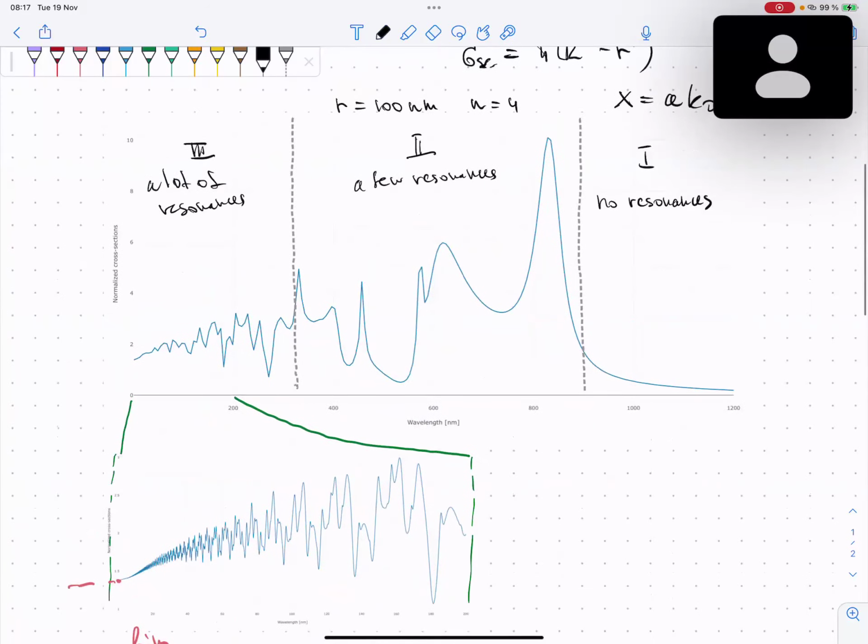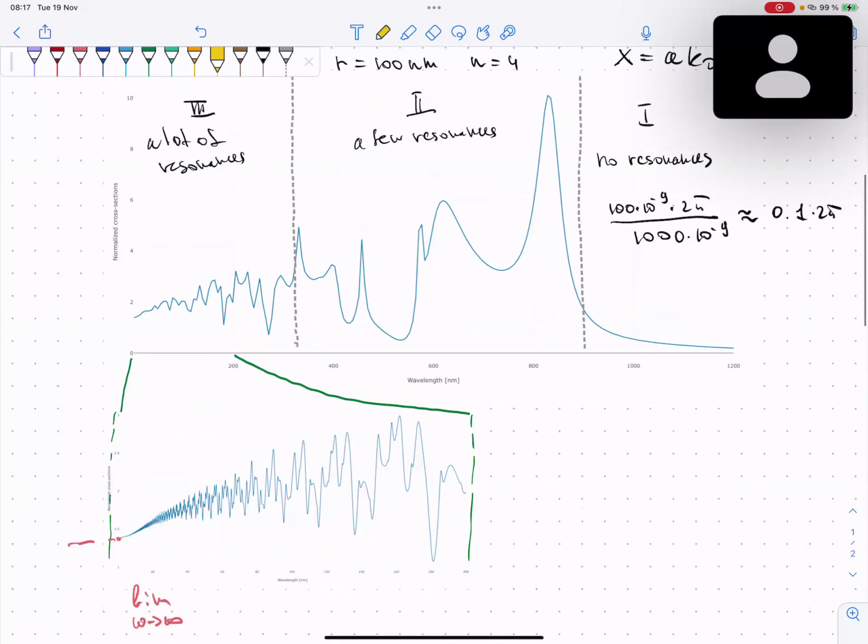In this region, it's 100 nanometers multiplied by, I don't know, 2 pi over 1000 nanometers, and it's approximately 0.1 multiplied by 2 pi.